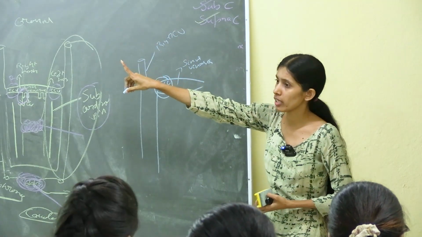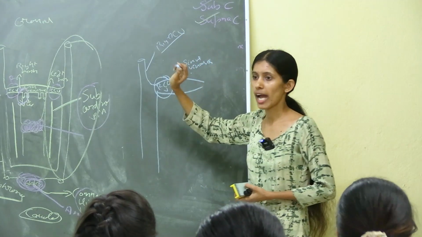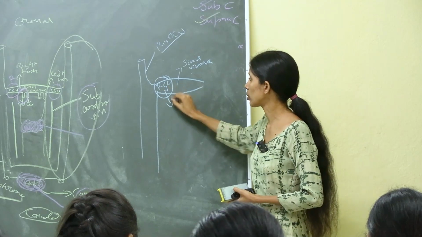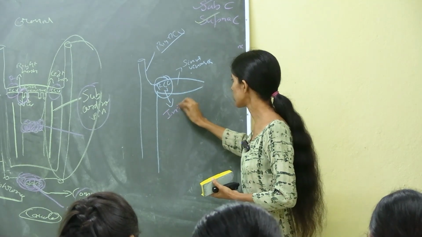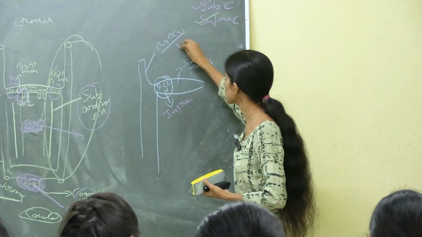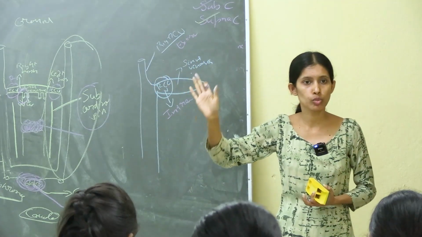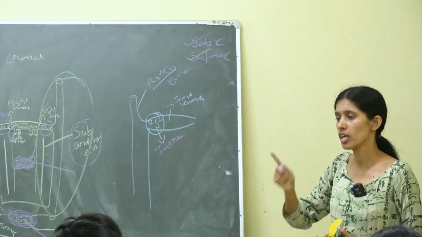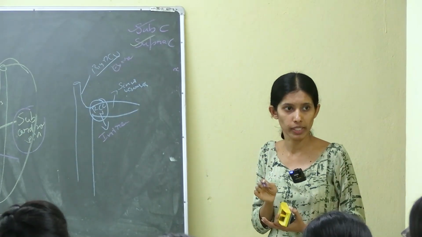The extrapericardial part will be formed by your right anterior cardinal vein, and the intrapericardial part will be formed by your right common cardinal vein. This gives intra and this gives extra. So, the superior vena cava is formed by only two structures, whereas your inferior vena cava is formed by a total of 6 components.